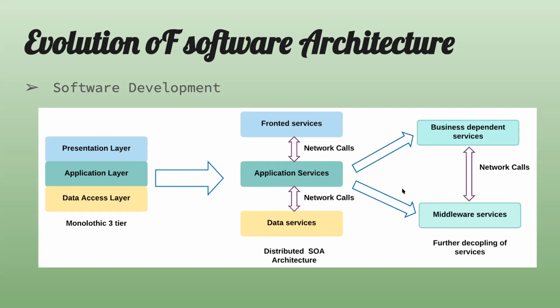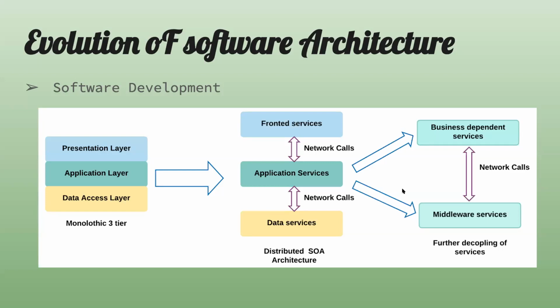Anyhow, with this monolithic three-tier architecture, it is not reusable, because if we want to develop another software with some specific functions of an already existing software, we cannot reuse them with this architecture. So with the help of distributed computing and the evolution of service-oriented architecture, these layers are decoupled into separate services.